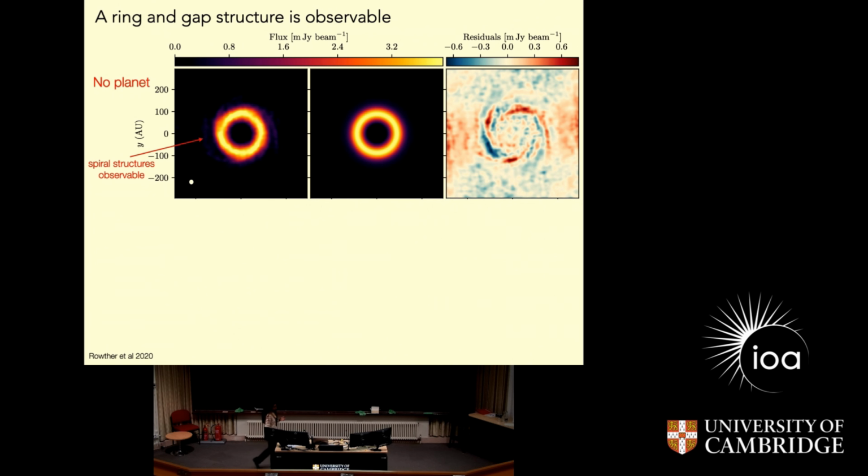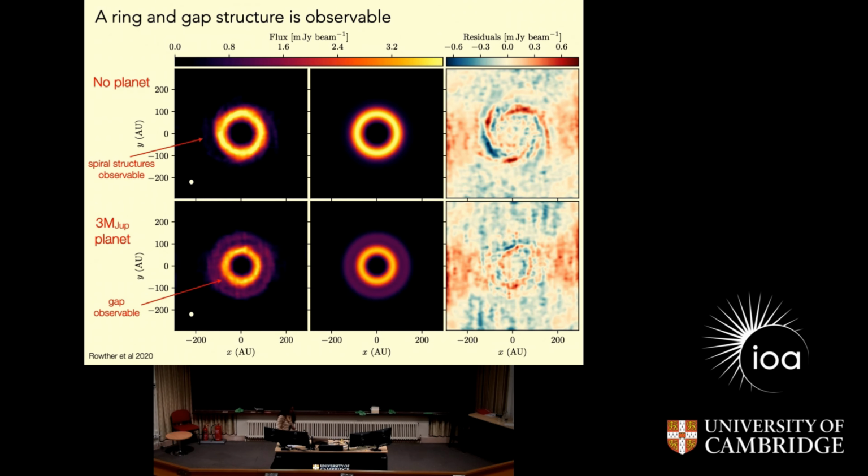We can also do this for the case with the planet. And when you take the axisymmetric models away from the mock observation of this case with the planet, you don't see the spiral structures like you do in the top panel on the right-hand side. You see a little bit of the interaction between the planet and the disk, but those grand design spiral structures are not there.